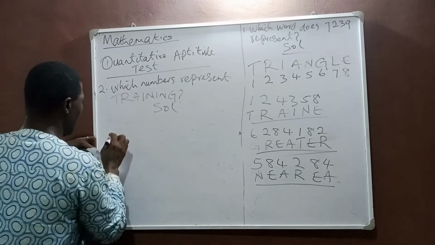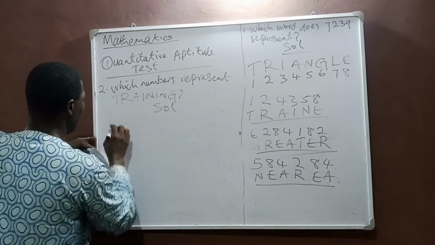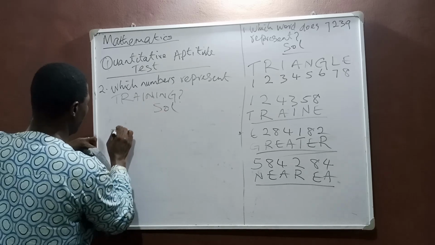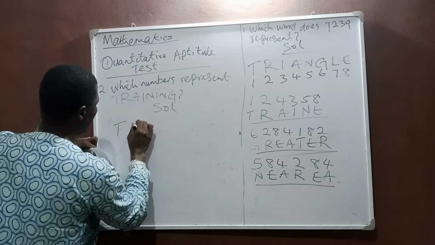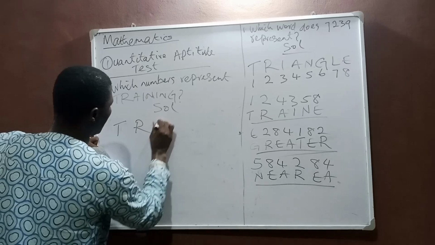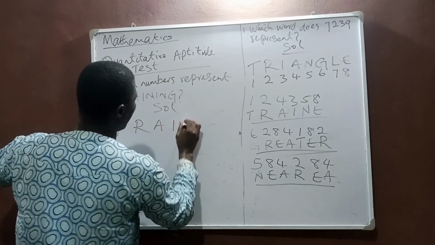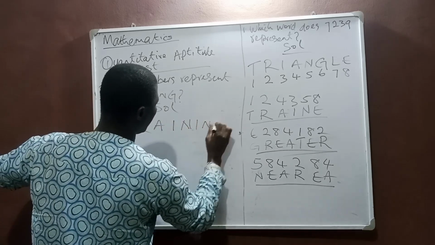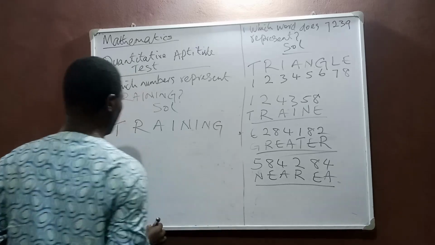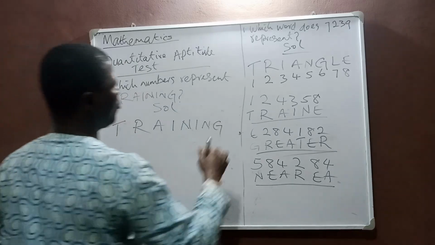Write out the letters that make up the word TRAINING. Write them separately. You have T-R-A-I-N-I-N-G. This is the first step you take. Then you begin to match the numbers.